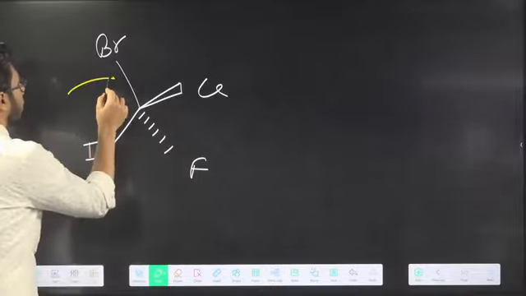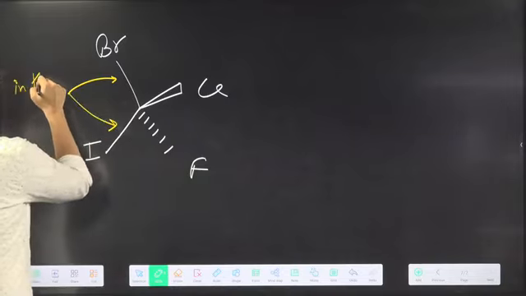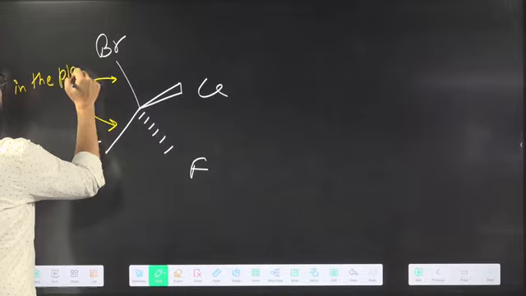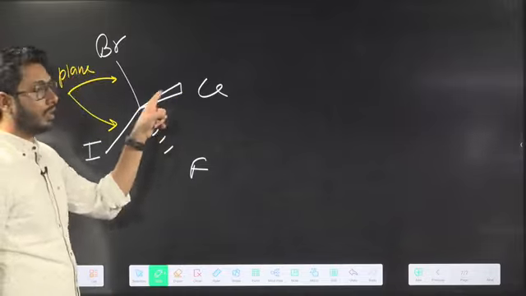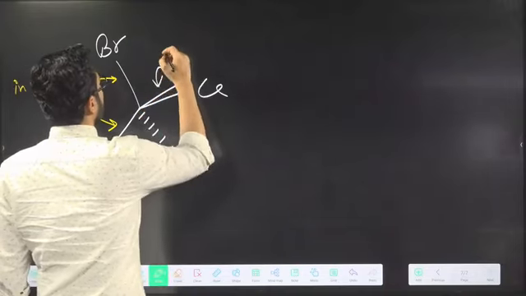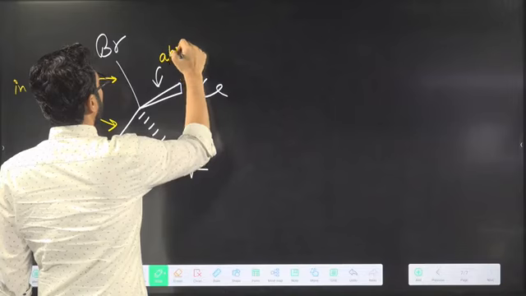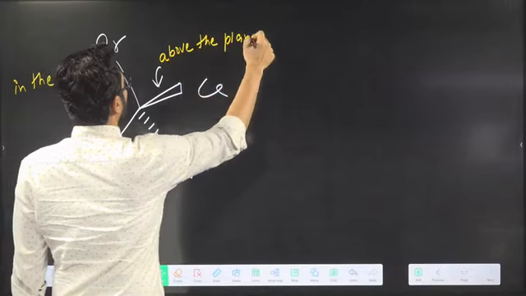These are normal bonds. They are in the plane of the board. Okay? Cl on wedge is above the plane of the board or towards the observer.